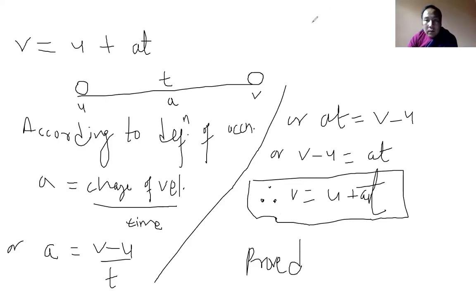Now let's go to another formula: s equal to ut plus half at square.